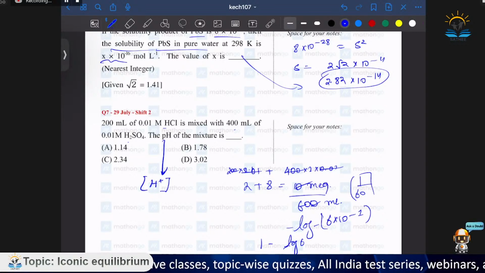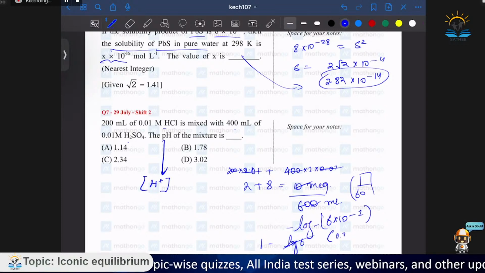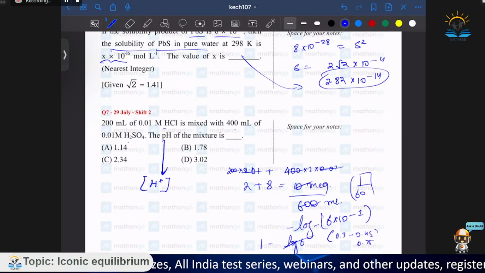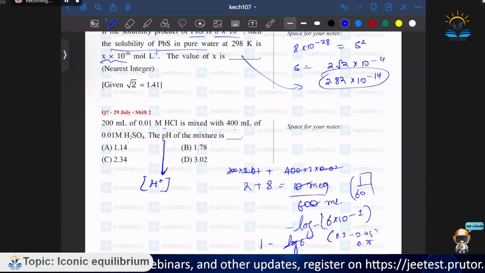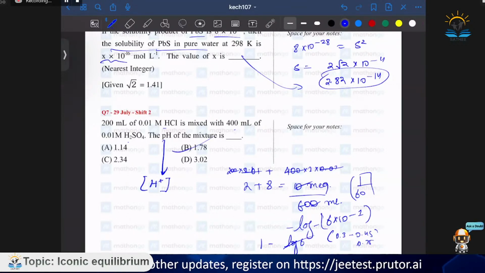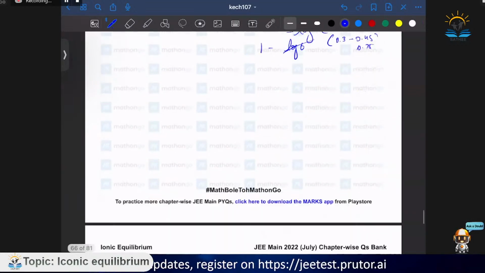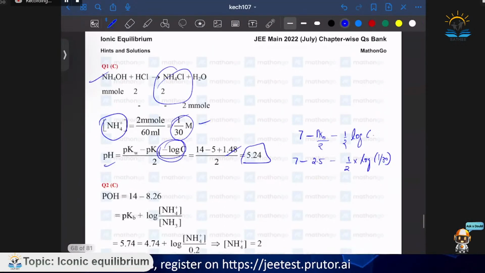Log 6 is almost equal to 0.78, so the pH is 1.78, right? Got it?